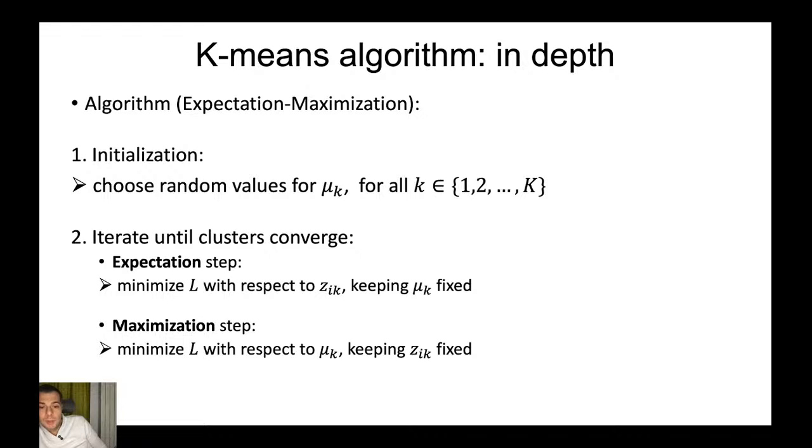So here we do the cluster assignments. Then we have the maximization step where we recompute the centroids while keeping the assignments fixed. So in the expectation maximization algorithm, we keep one of the variables fixed and optimize the other, and do this alternatively until the algorithm converges to a certain solution.